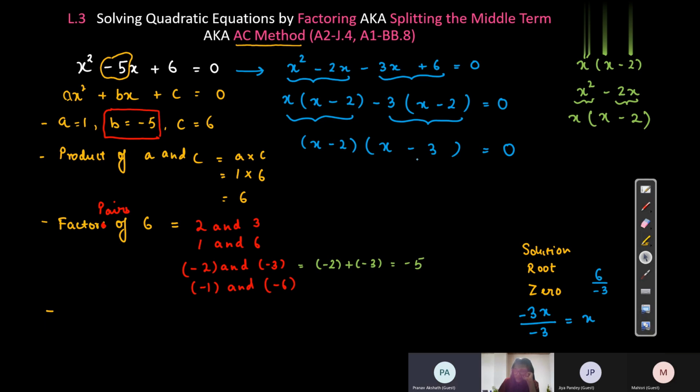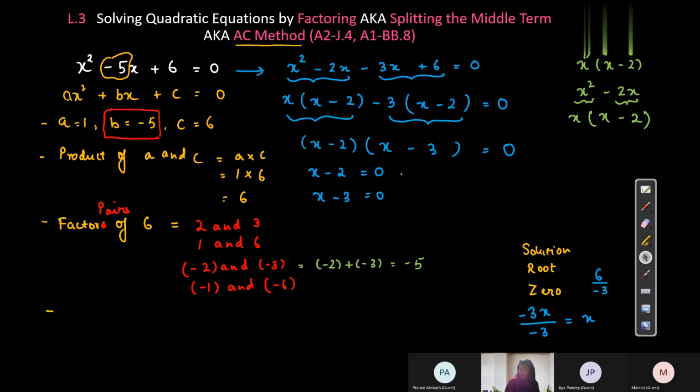Either x minus 2 has to be 0, x minus 3 has to be 0, or both of them have to be 0. Perfect. So either x minus 2 has to be 0 or x minus 3 has to be 0, because that's the only way we can get product equal to 0.